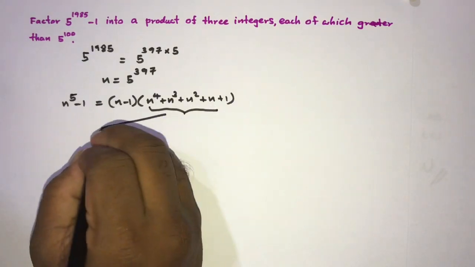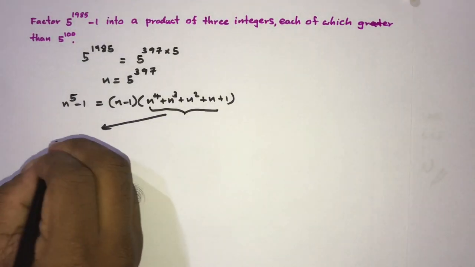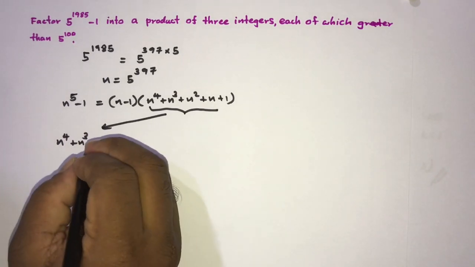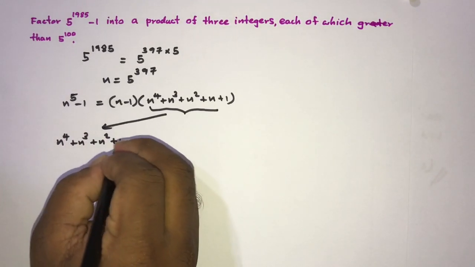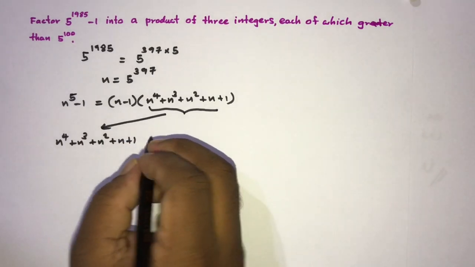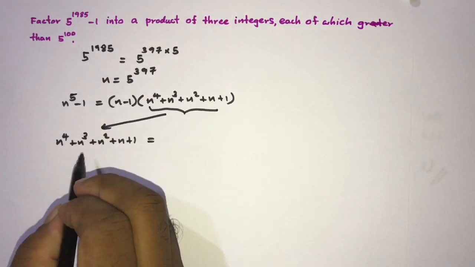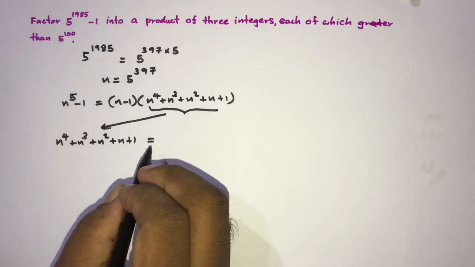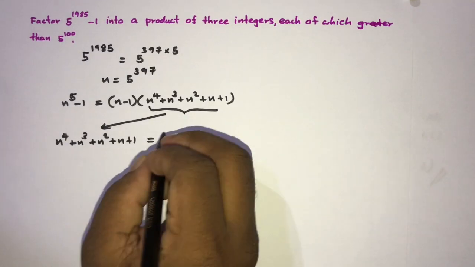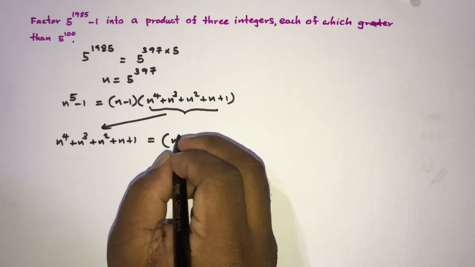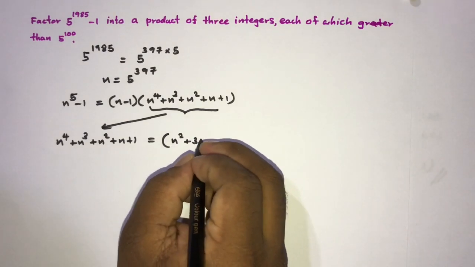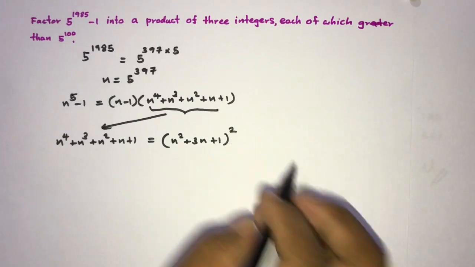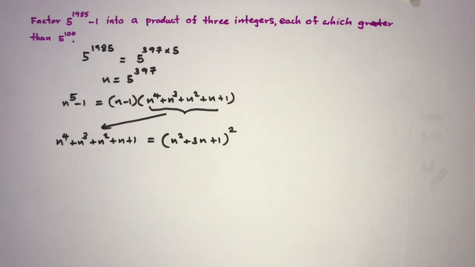So if we take this n raised to the 4 power plus n cube plus n square plus n plus 1, now I'm going to write this expression first as a perfect square. So we can write n square plus 3 times n plus 1 squared, but here we have additional terms.